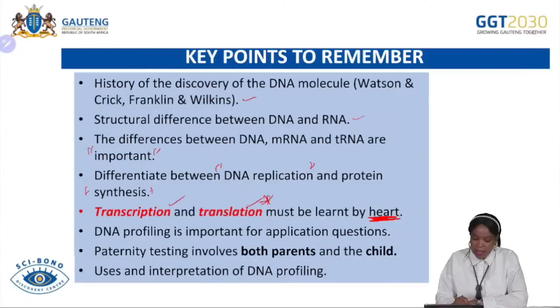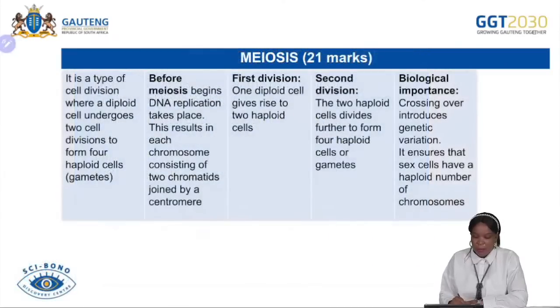Definitely. Right. DNA profiling is very important. You may have questions where you have to use your ruler to analyze those DNA profiles. Then also know that paternity testing can be used from both parents to child, and then the uses and the interpretation of DNA profiling. So those are the things that you need to look out for. Look for questions in your question papers that cater for that.